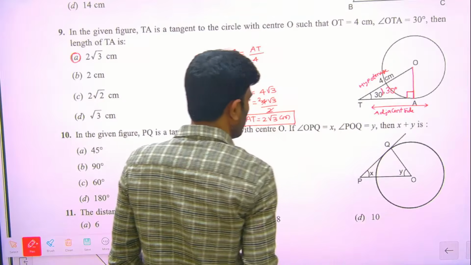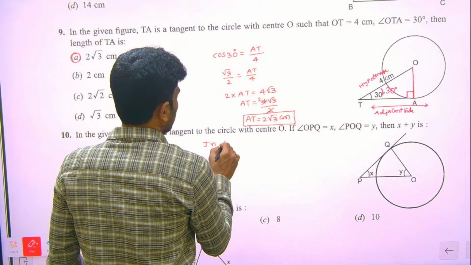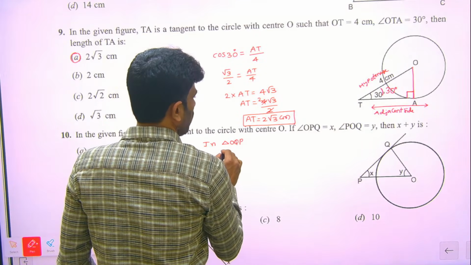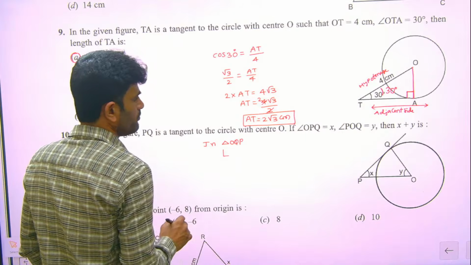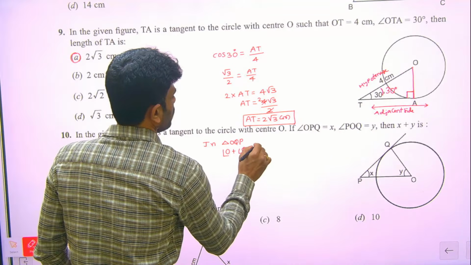We know the sum of three angles in a triangle is 180 degrees. So in triangle OQP, angle O plus angle Q plus angle P is equal to 180 degrees, correct?